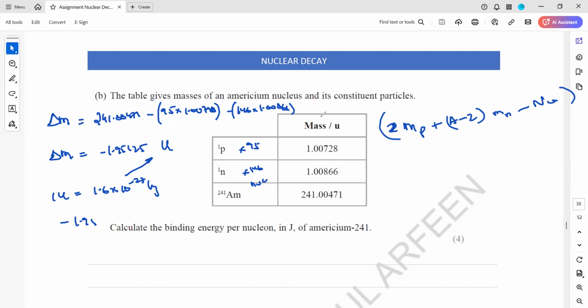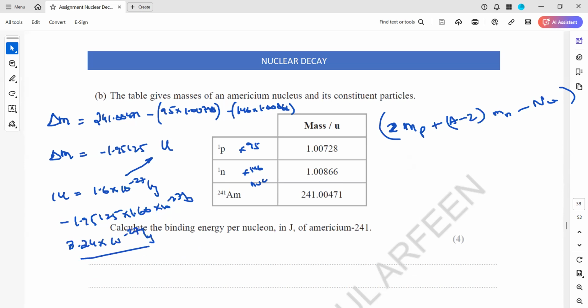The sign is negative because I put the individual particles last. So 1.95125 multiplied by 1.66 × 10^-27 kg. When you simplify this, you get the mass defect in kg, which is 3.24 × 10^-27 kg.